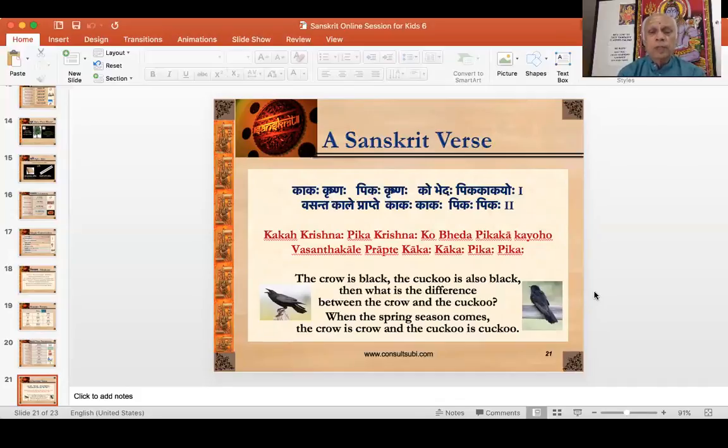The crow is black. Pikaha Krishnaha. Pika means the cuckoo, the quill. They say quill. The cuckoo sings beautifully. Pikaha Krishnaha. The cuckoo is black. Ko bedaha pika kakayoho. Ko means what? Bedaha is difference.